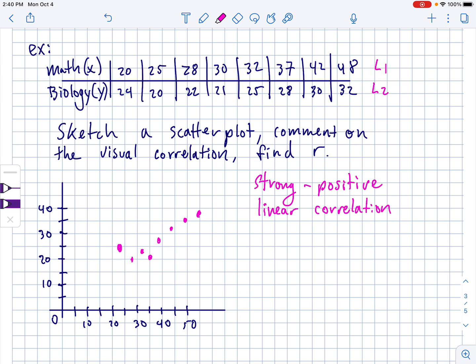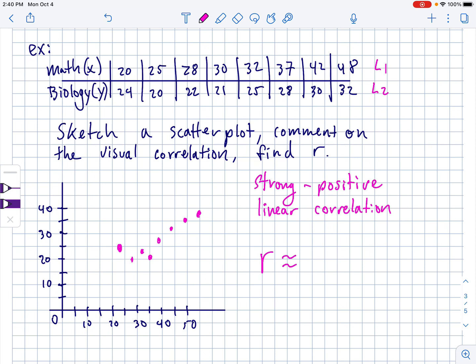That's just visually. Now, put L1 and L2 into your calculator and then run LinReg on it, and it's going to spit out that R value as long as you have your diagnostics turned on. If you don't understand a word I just said, you need to watch that other video in this lesson about how to find the R Pearson's correlation coefficient on a graphing calculator.